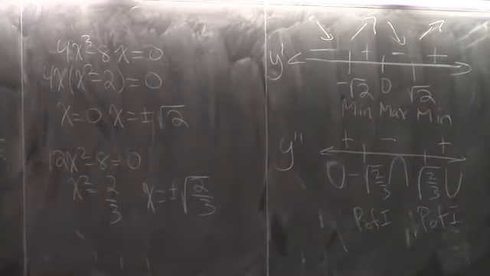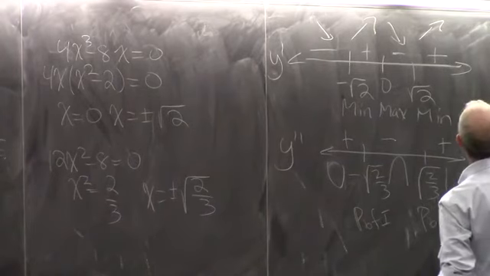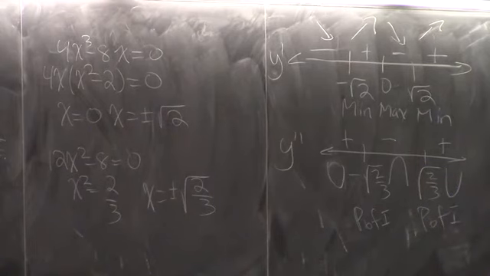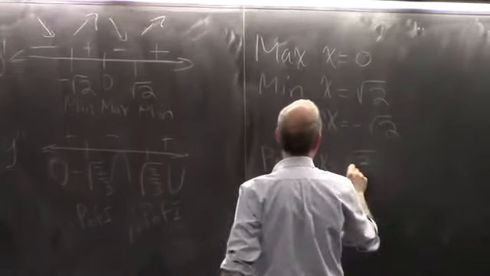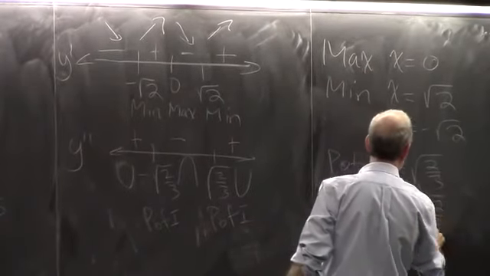Now we need the y coordinates. So the max at x equals 0. We have mins at x equals square root of 2, negative square root of 2. And points of inflection at x equals square root of 2/3 and negative square root of 2/3.